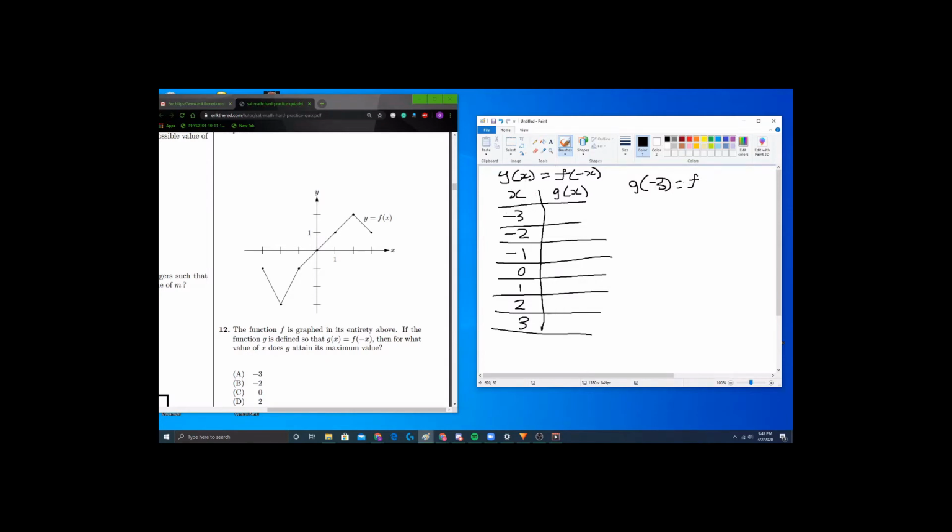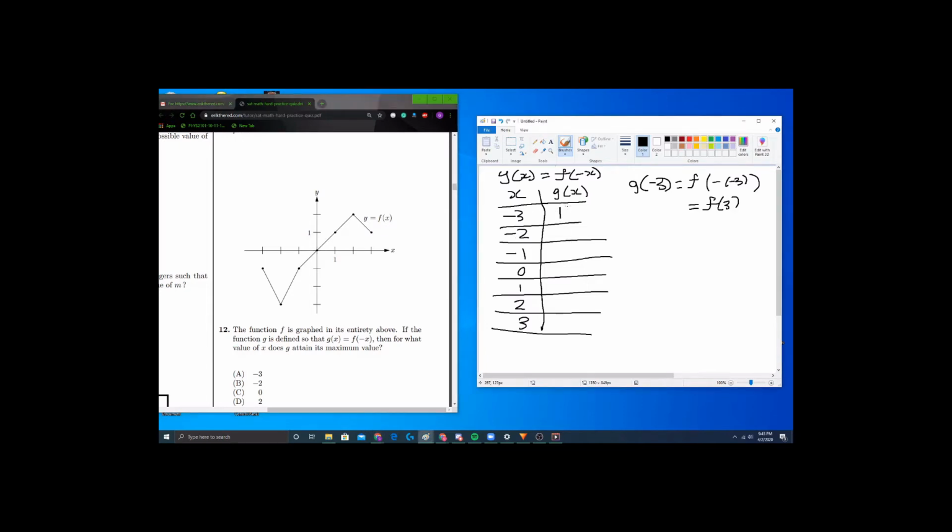So g of negative 3 is equal to f of negative, negative 3. So this really just means f of 3. What is f of 3 equal to? F of 3 is equal to 1.